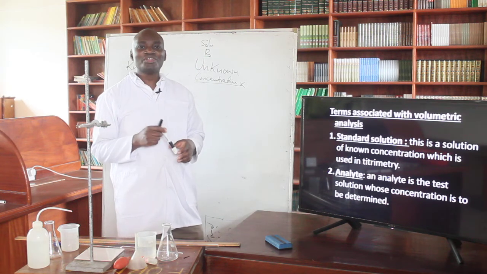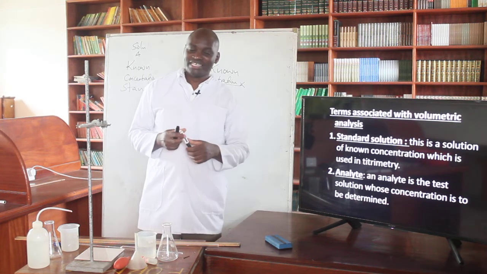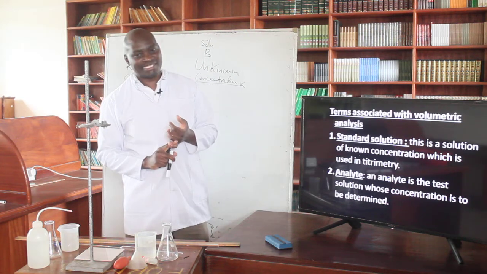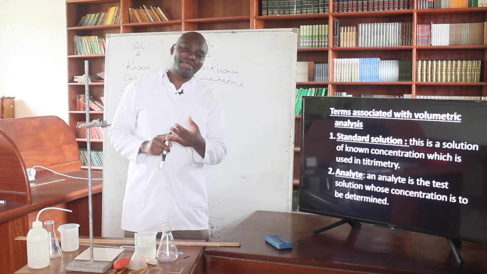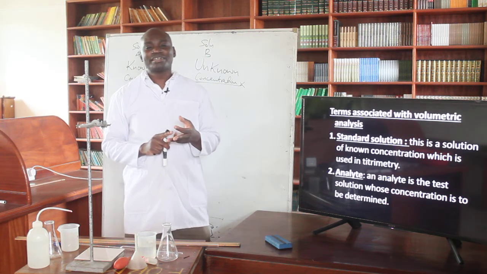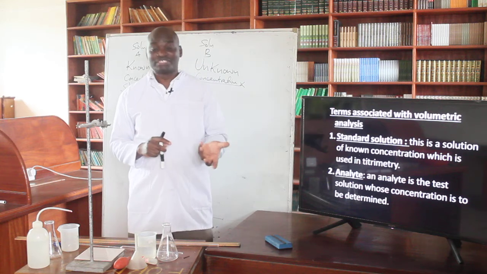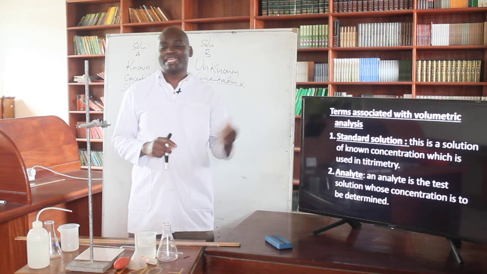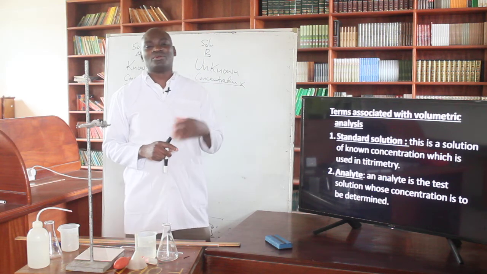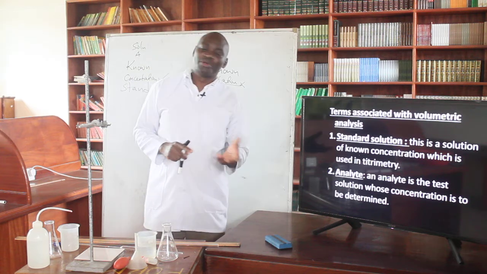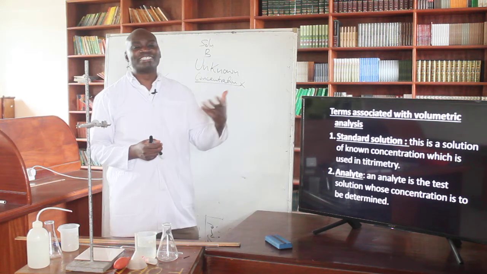It is a solution of known concentration, whether it is 2 grams per liter, 3 grams per liter, 0.1 grams per liter. Concentration can also be molar, in molarity. 0.1 molar, 2.0 molar, those are concentrations.